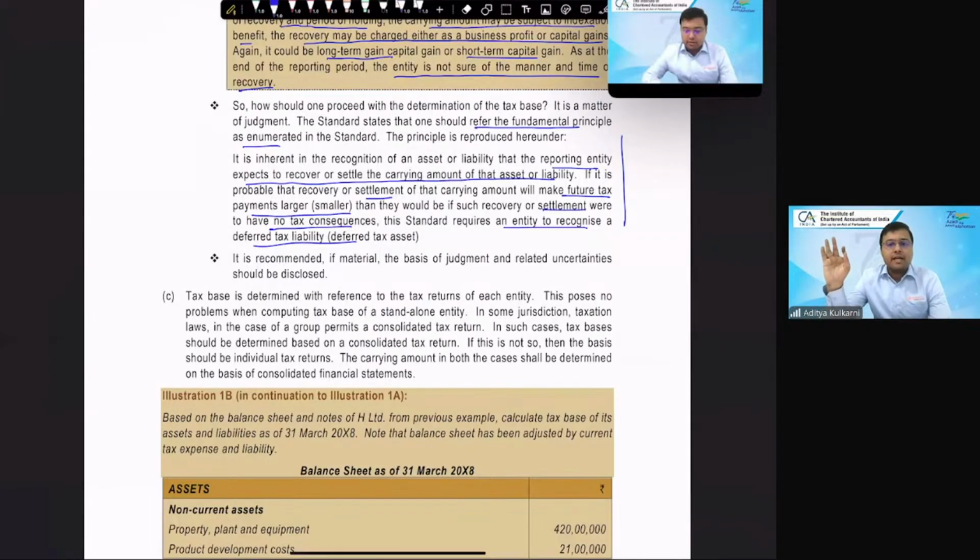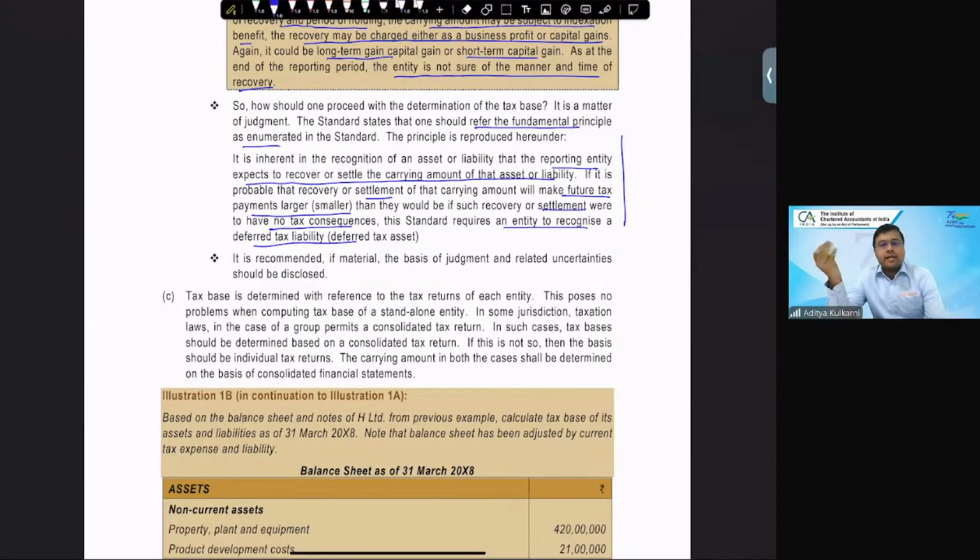If it is probable that recovery or settlement will make future tax payments larger or will impact the future tax payments, then you have to book a deferred tax asset or a deferred tax liability. That is the only thing which the standard requires you to do. Otherwise, I really don't know how I can practically identify this. So if you are able to prove that by taking a particular stand, your future tax liabilities or future tax savings are going to happen, please go ahead and recognize the deferred tax.